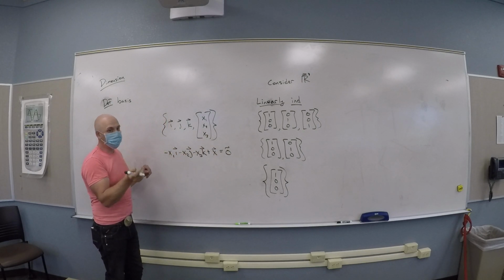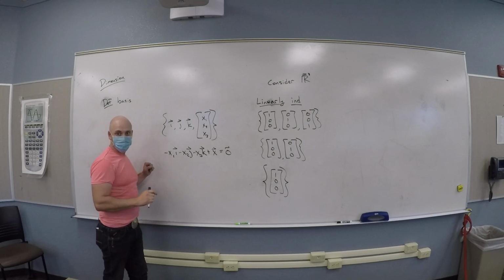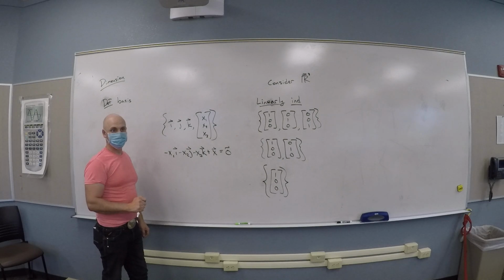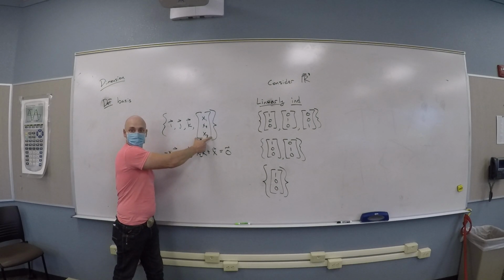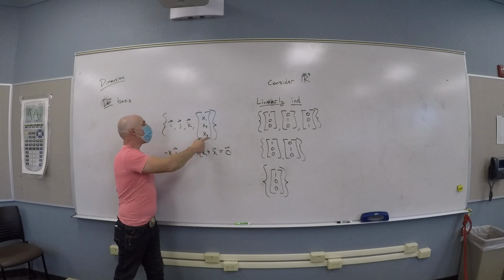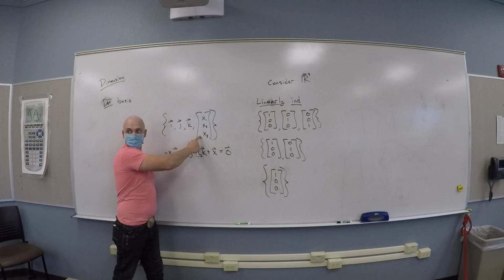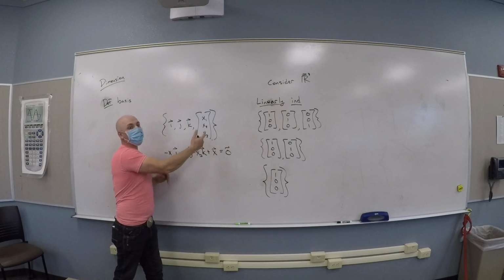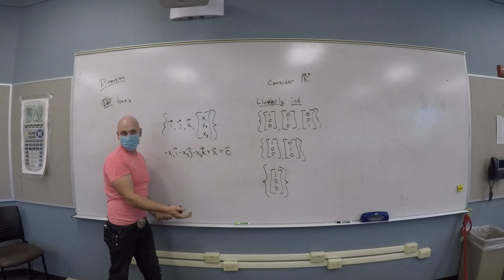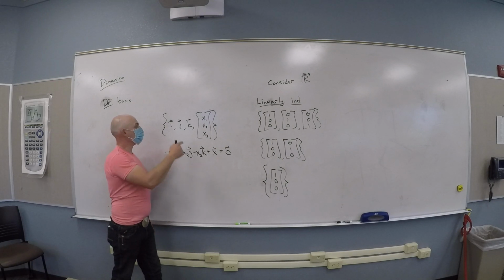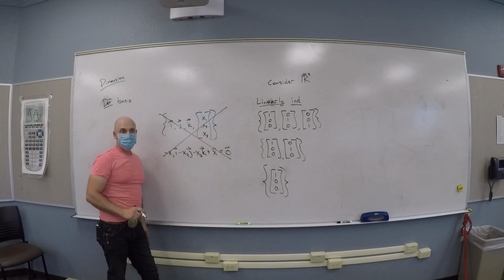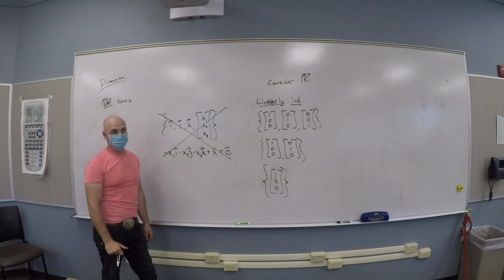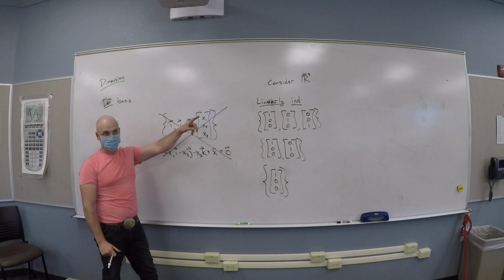I should be a little bit careful, because if x1, x2, and x3 are all 0, if I added the 0 vector here, remember any set with a 0 vector in it is automatically linearly dependent. So either these aren't all 0, in which case this combination gives you the 0 vector, showing they're linearly dependent, or they are all 0, in which case it's automatically linearly dependent. You guys see that? So you can't have 4 linearly independent vectors in R3. You guys see that?